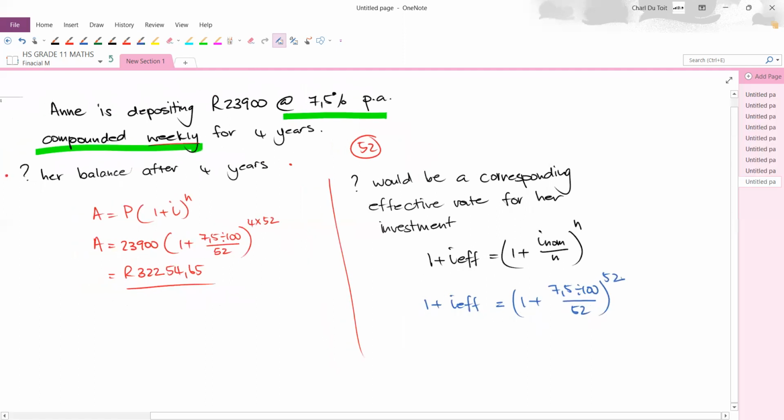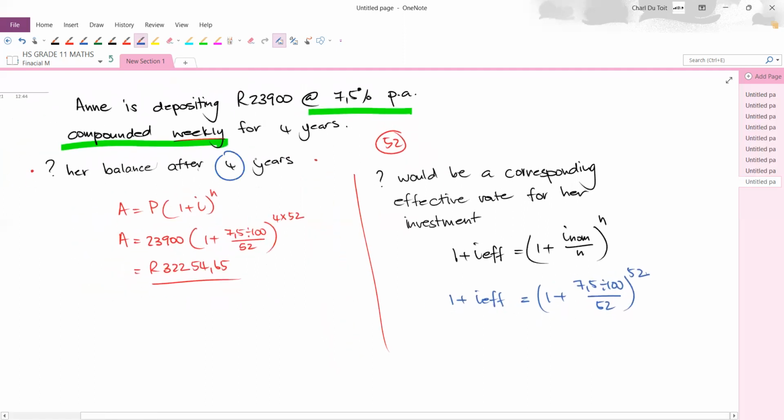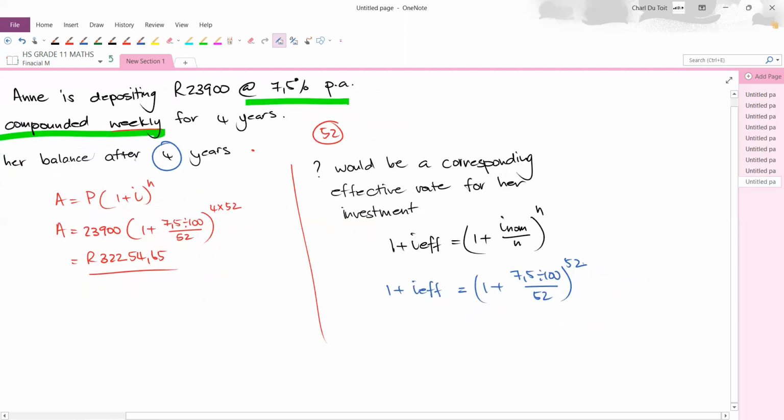No, 4 is the years. That's not part of the sum. If you want to times by 4, then you also have to put a 4 on this side. So I'm just going to leave the 4 out on this side and leave the 4 there. Remember, the years and the starting amount are not applicable.